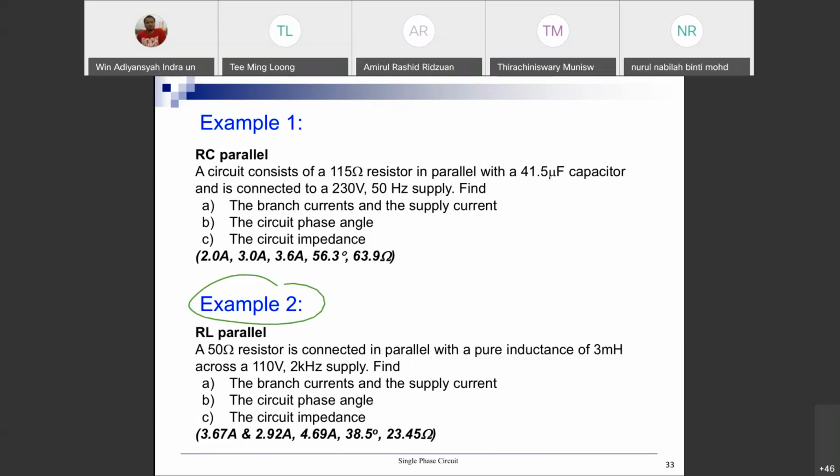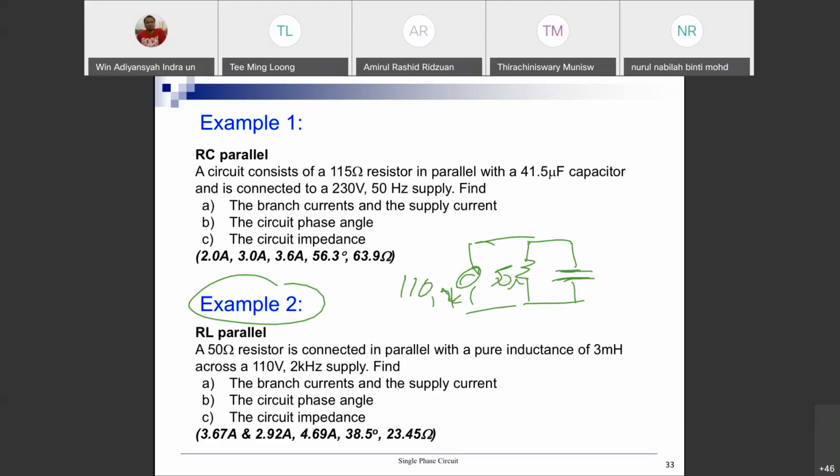A resistor connected in parallel with a pure inductance. Resistor, pure inductance. This one is 110 V, 2 kHz, 50 ohm.